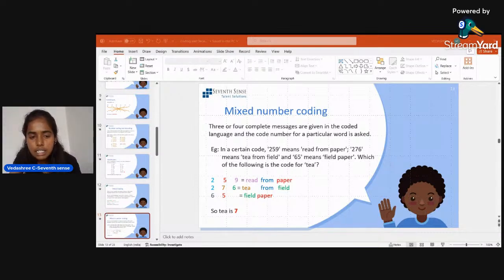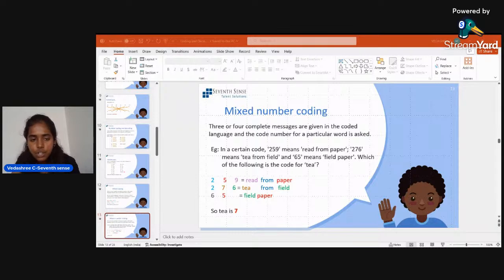So now we'll check the similar number and assign it to the similar word, that is field. Here the similar number in 276 and 65 is 6. So hence 6 is assigned to field. Okay, 6 is assigned to field.